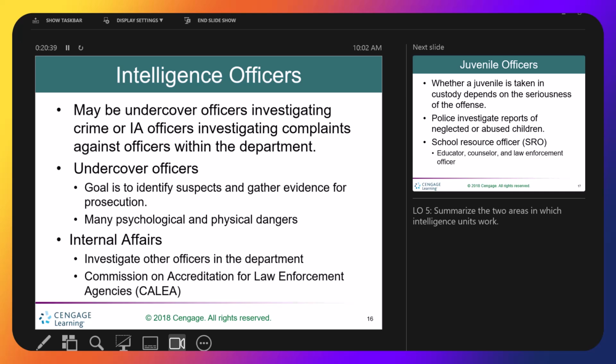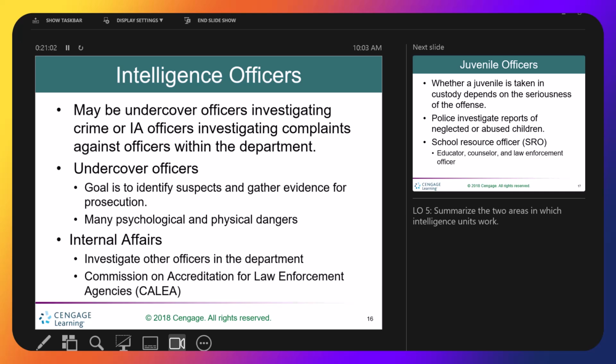Intelligence officers. These may be undercover officers investigating crime, or IA officers investigating complaints against officers within the department, and IA is internal affairs. Undercover officers' goal is to identify suspects and gather information for prosecution, with mainly psychological and physical dangers.